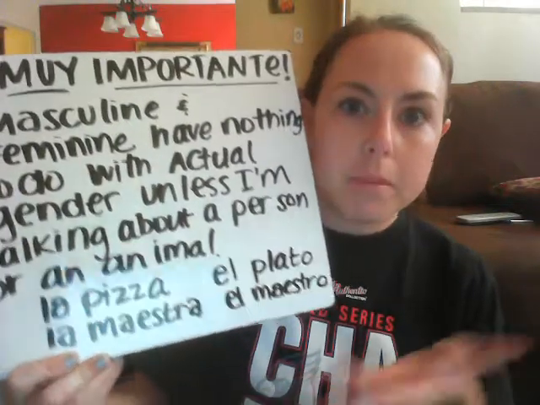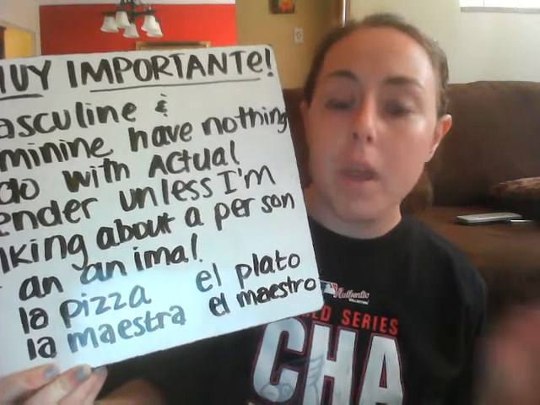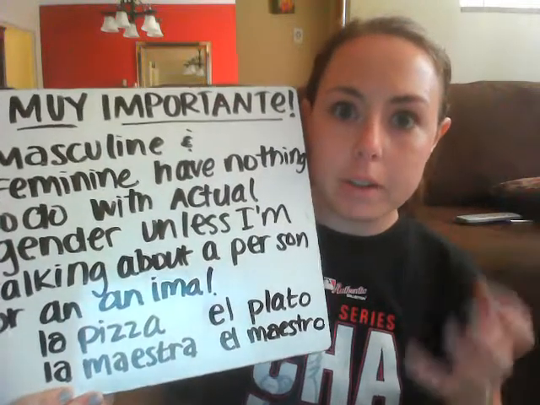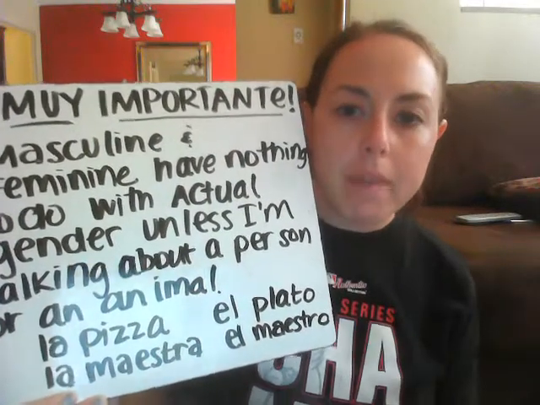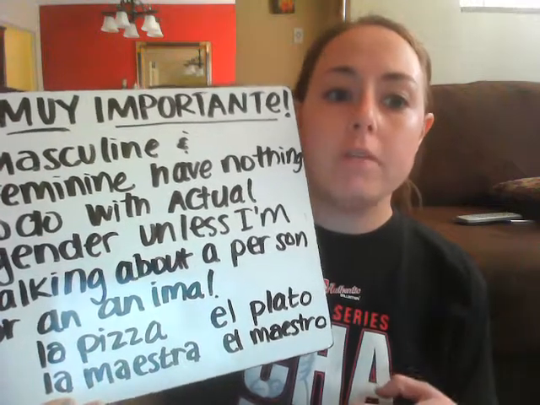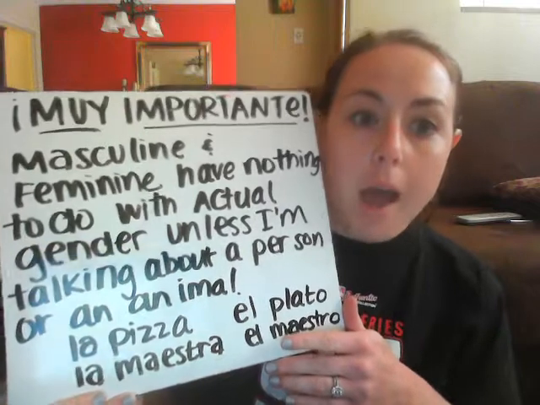But it's only when I'm talking about people or animals that that's the case. Make sure that you understand that. I know this is a hard thing for us as English speakers to grasp, but masculine and feminine in Spanish don't have anything to do with the way that we perceive gender, except when we're talking about people or animals.